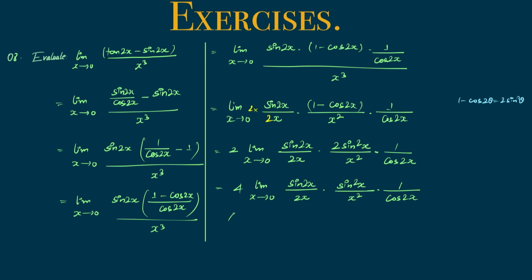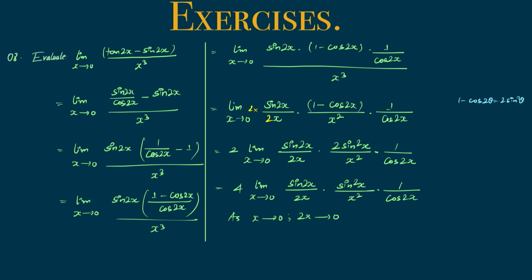Now as x tends to 0, 2x also tends to 0. Let me explain. Now I can distribute this limit to all these 3 functions. Since x is tending to 0, 2x also tends to 0, that means this portion will be 1. Similarly if I distribute this limit to this portion, it will also be 1 square, because there is a square here.